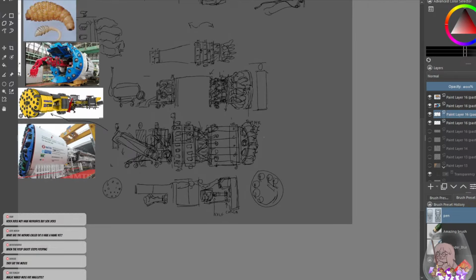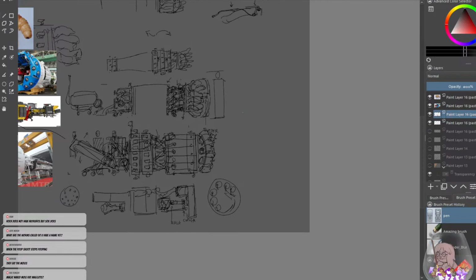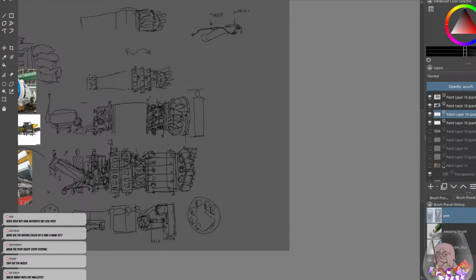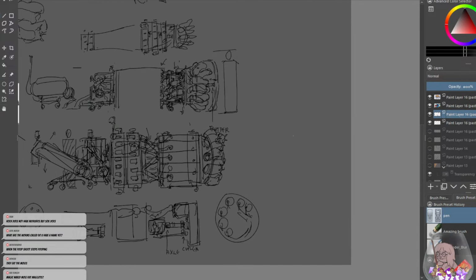Yeah. And then, by the way, this is the fun part. There's also going to be portable versions of these, because you could totally make a jackhammer with these, right?